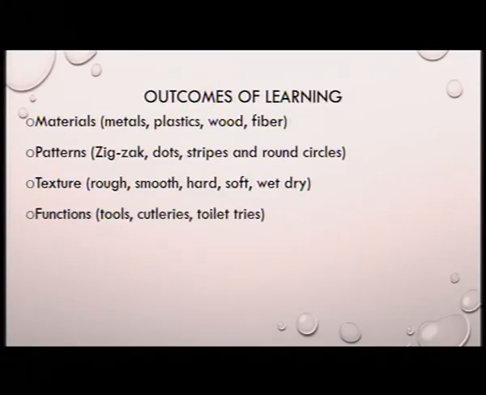The functions. Then you have to teach them, for example, the functions of tools. Some tools are used to fix cars. You need a screwdriver, a spanner, and those things are for fixing cars. You use them in a garage. There are other tools, for example, openers that you use in the kitchen, or knives and forks.